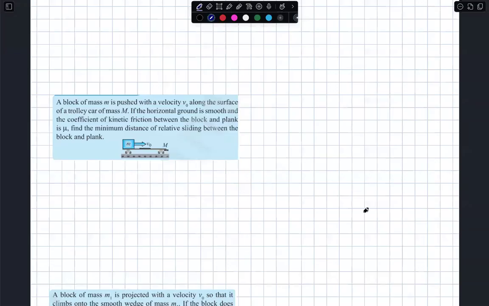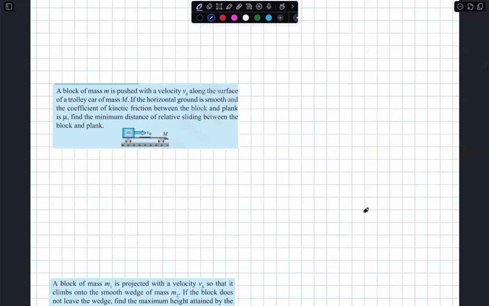So therefore, in continuation to my previous class, I am discussing a few models related to the law of conservation of linear momentum. In the law of conservation of linear momentum, I told you n number of times the particle momentum is conserved only when there is no external force.